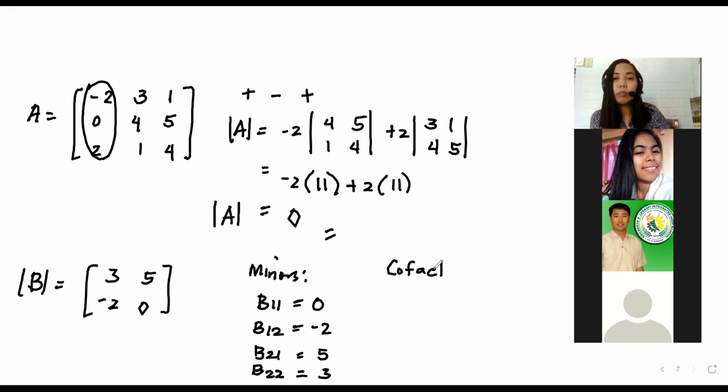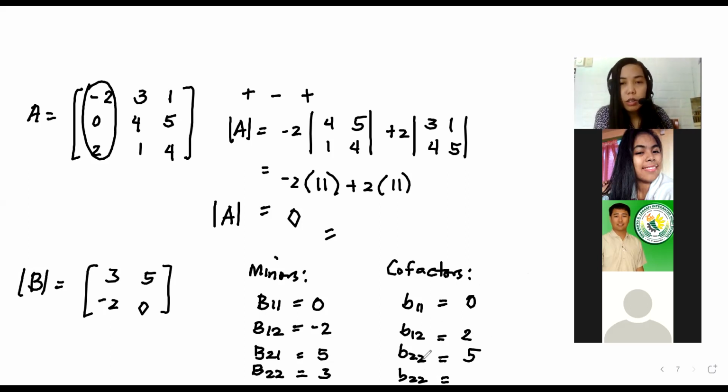Cofactors. Same process. B11, B12, B21, B22. I use B because the name of the matrix is B. The sum of the indices here is even, so positive times 0 is still 0. Negative times -2 is +2. Positive times 5 is 5.